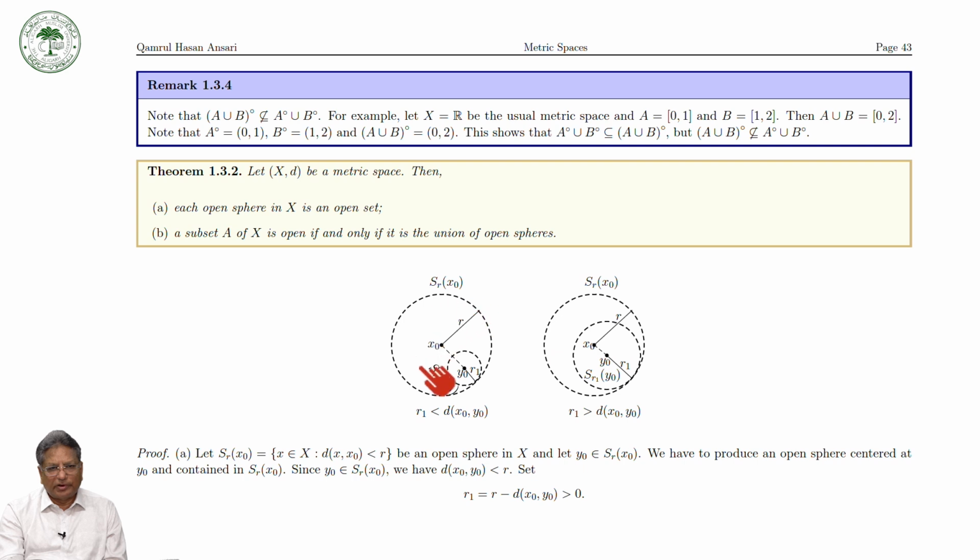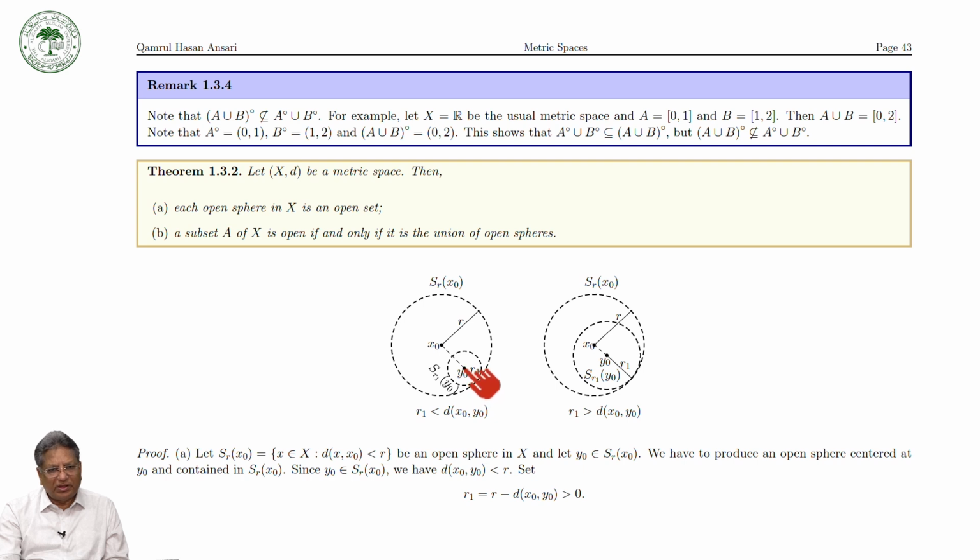This is the open sphere S_r(x0), an open sphere in X, and now we want to prove that this open sphere is an open set. To show it is an open set, we have to prove that every point of it is the center of some open sphere contained in it. So let us take any point y0.